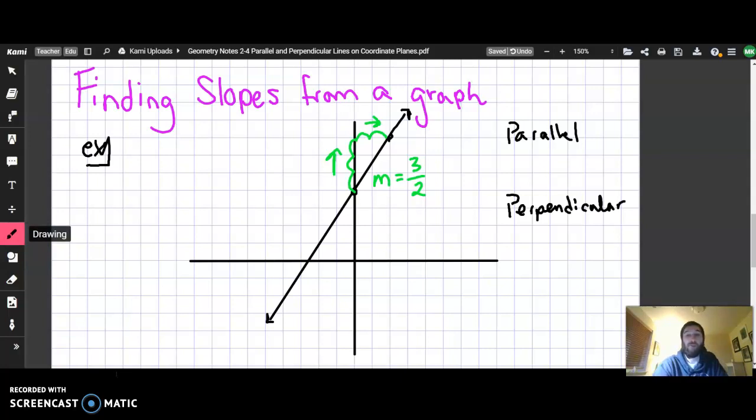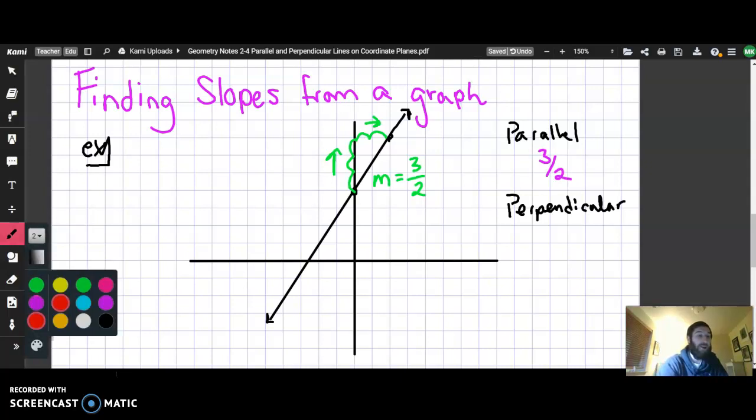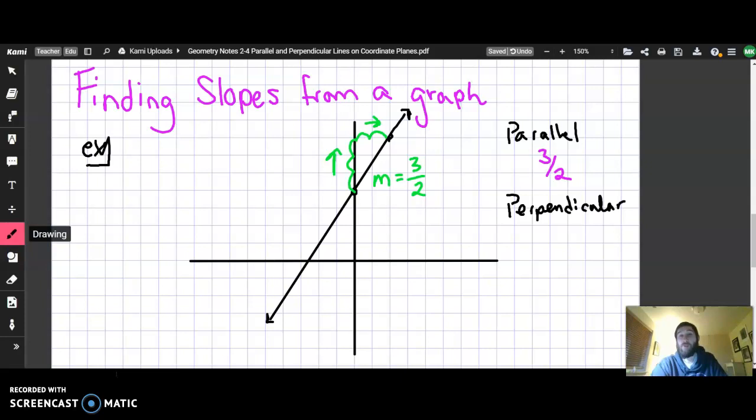So our parallel slope is 3/2. And our perpendicular slope, like we talked about already, is the opposite reciprocal. And so that's going to be, because our slope is positive, our perpendicular slope is negative, and 3/2 flipped is 2/3. And so, ladies and gentlemen, that is how we're able to find it from a graph.